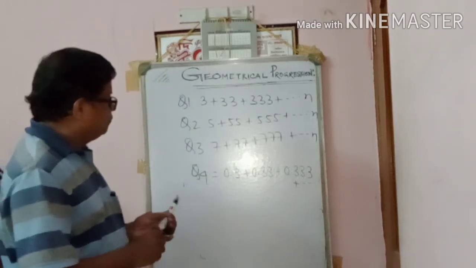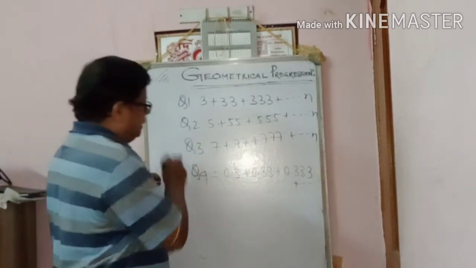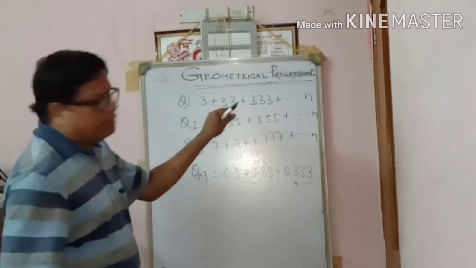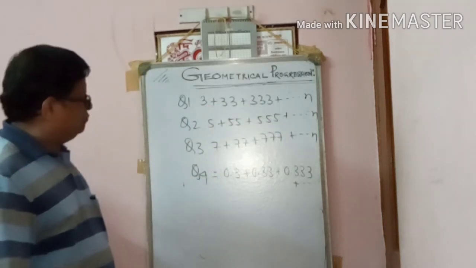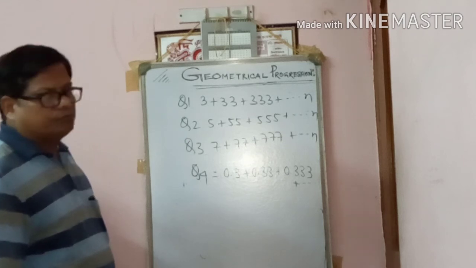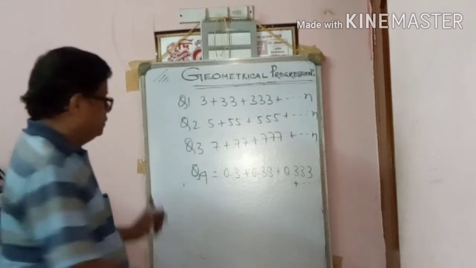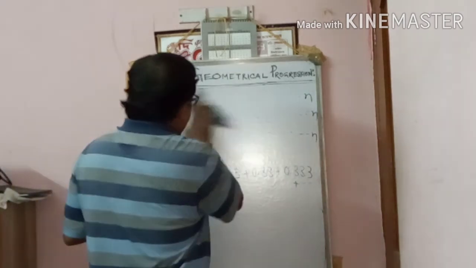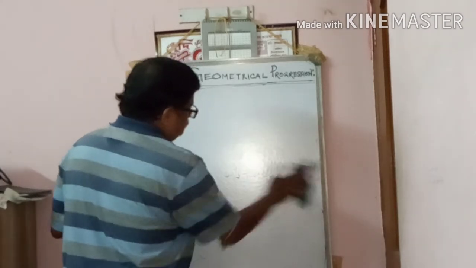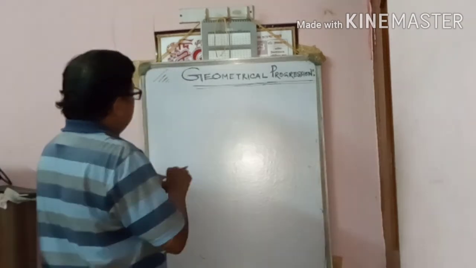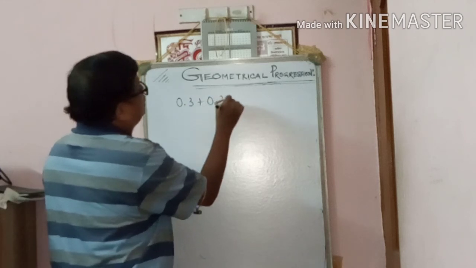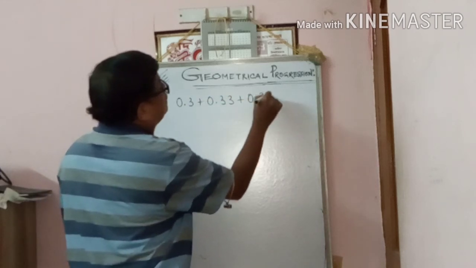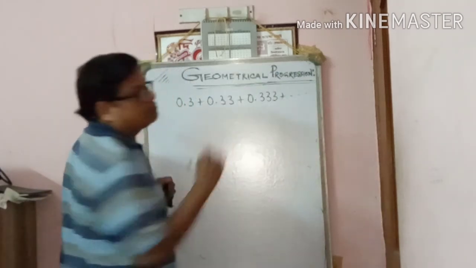How to do it? Similar methods. Look here, copy all of it first. Suppose 0.3 plus 0.33 plus 0.333 up to n terms.